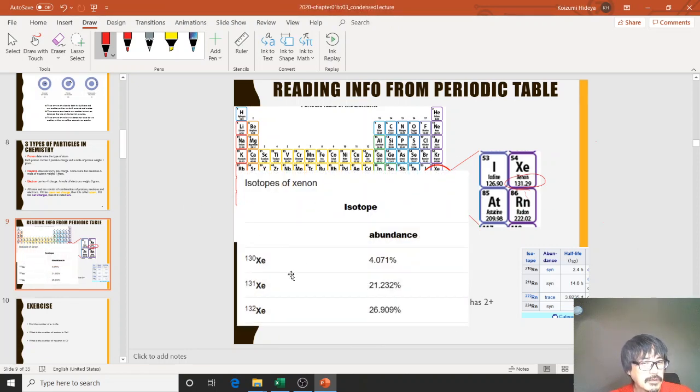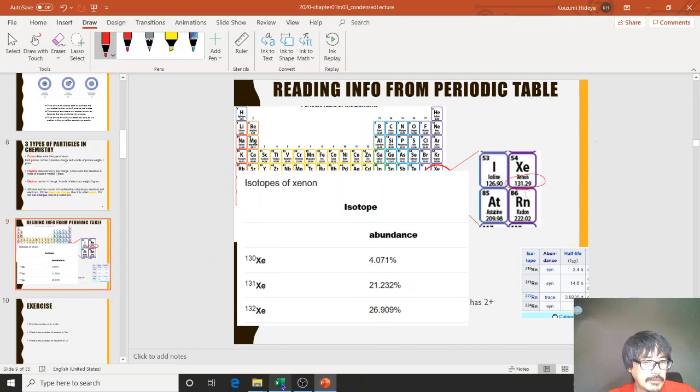So let's just put up this portion right here. 4% of the xenon weighs 130, and 21% weighs 131, and 27% weighs 132.